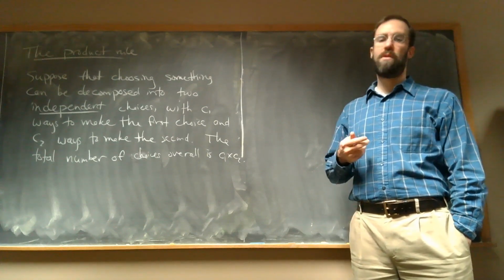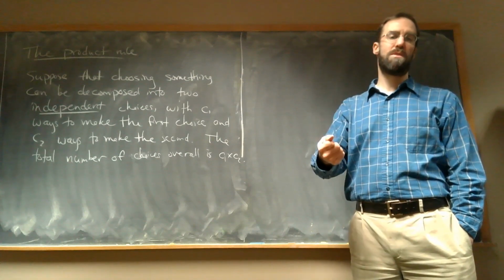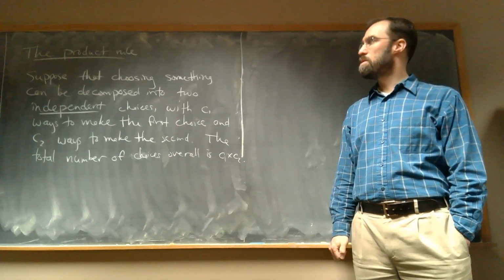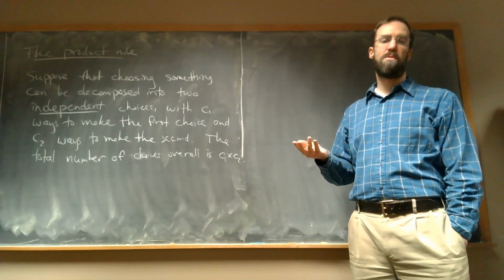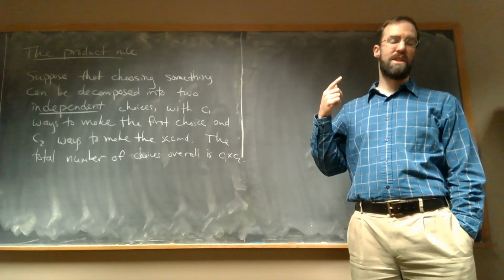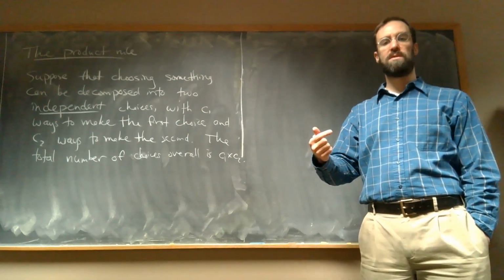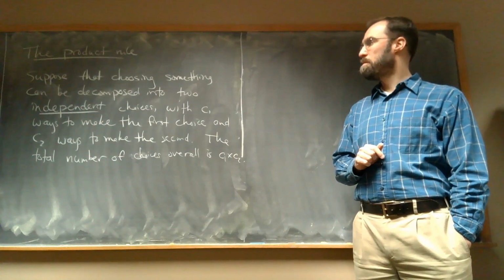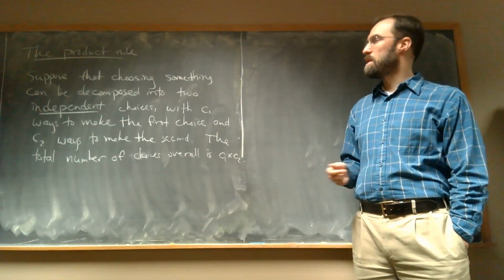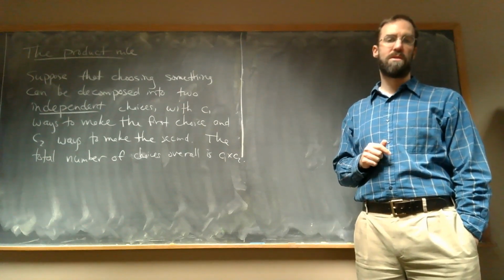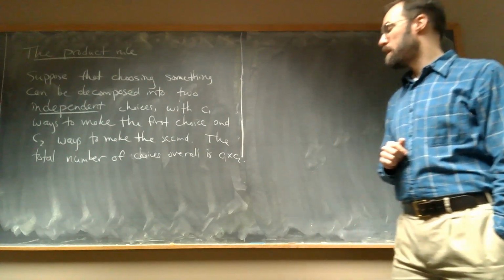Somehow I find it helpful to use this sort of active language, like we are doing something, we're making some choices, as opposed to just saying, how many elements are in this set, which they're the same on some level, but somehow psychologically it seems easier to think about us actively making choices and thinking about how many ways we have to make those choices. So I'm going to use that language, but really fundamentally we're talking about figuring out how many things are in a certain set by asking how many ways we could choose something in that set. Okay?